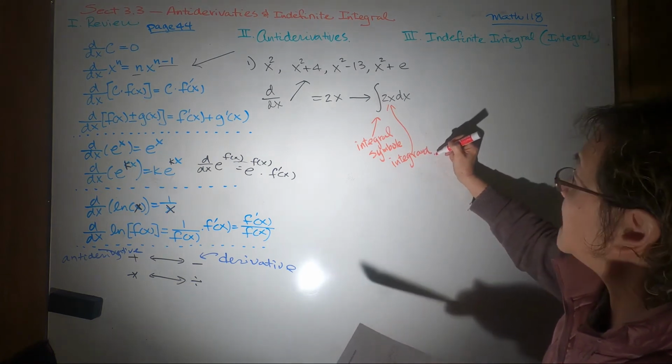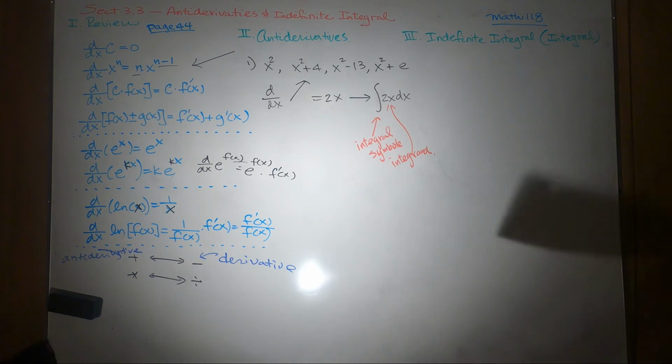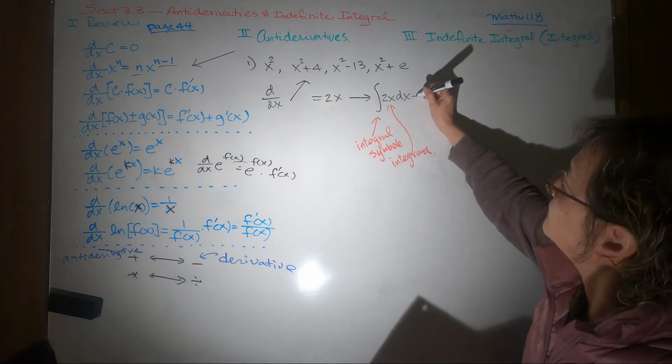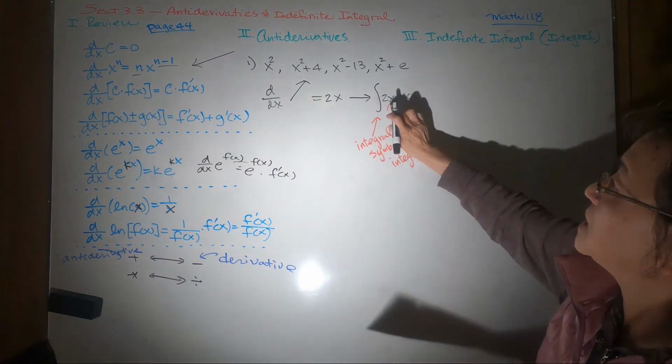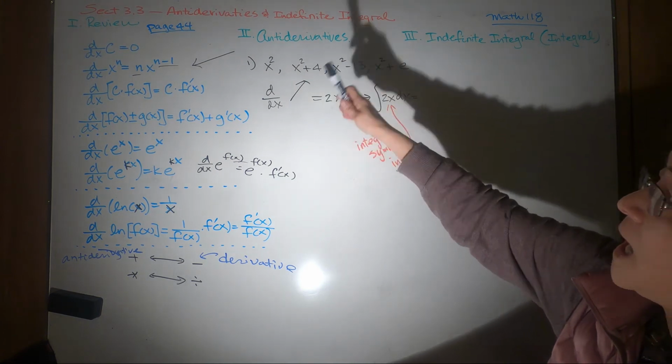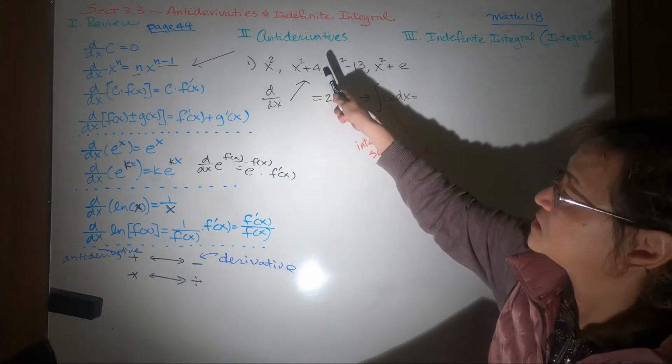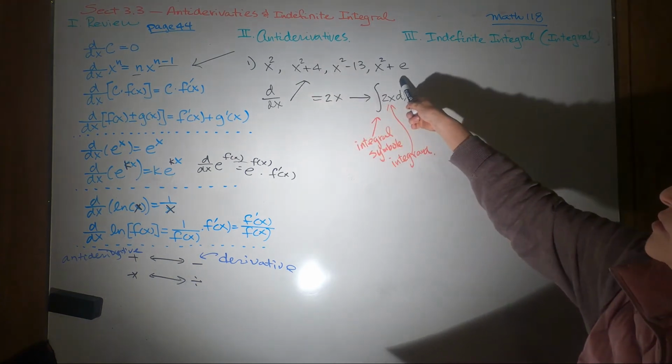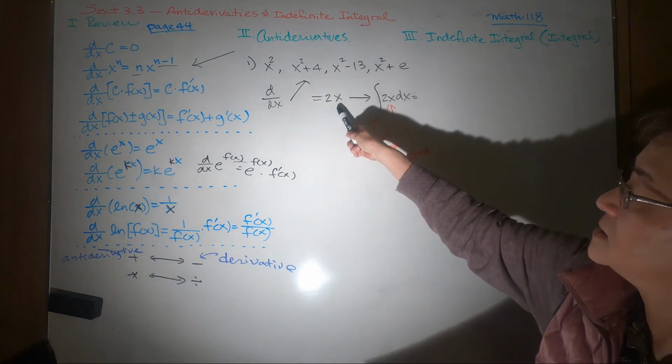Okay? Then if we do this, what should I have? Because I'm doing the opposite, going backwards. From here, I do the derivative, I get 2x.